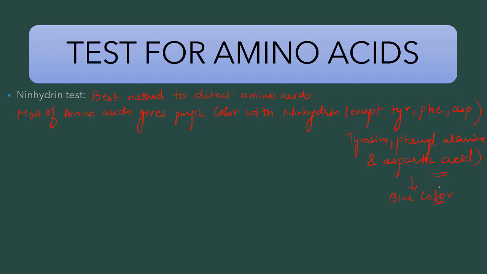Tryptophan produces olive brown, and proline gives a yellow color.